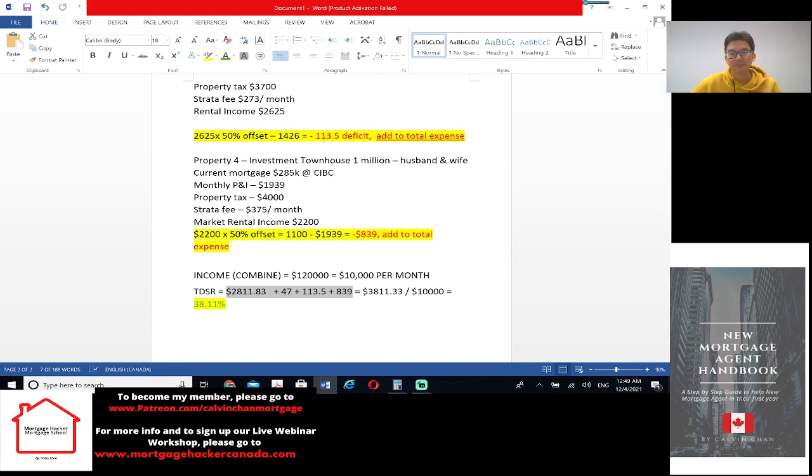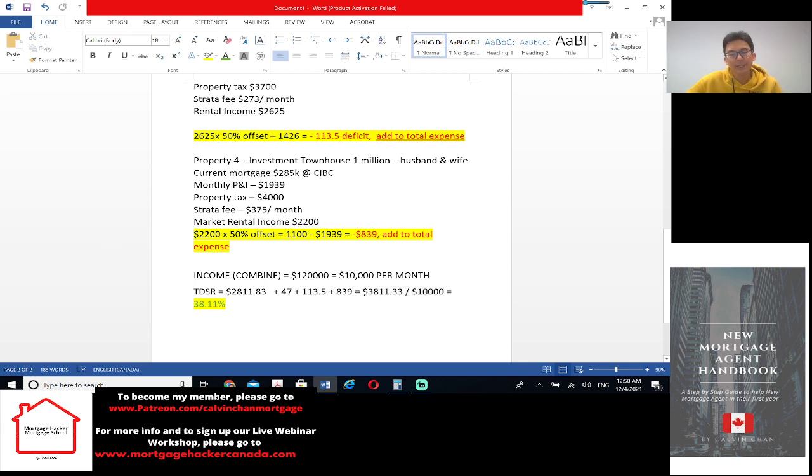$3,811.33. Okay. Now they are making $120,000 combined income per year, which translates to $10,000 per month. So the TDSR in that case is $3,811.33 divided by $10,000, or 38.11%.